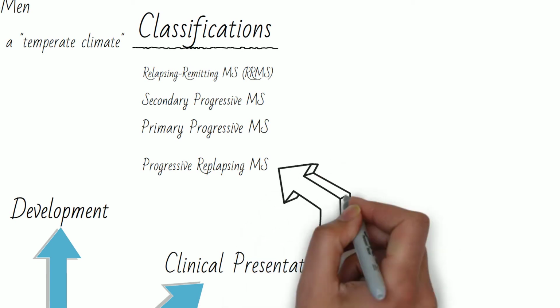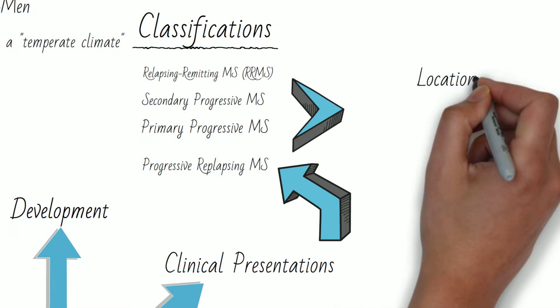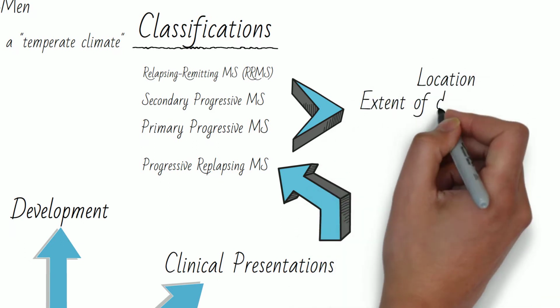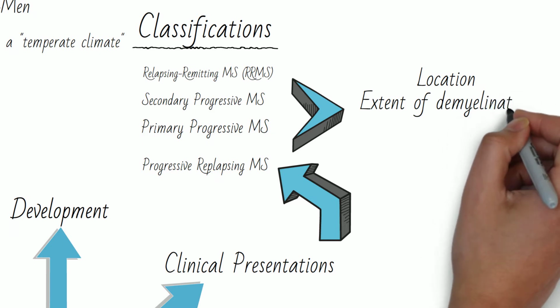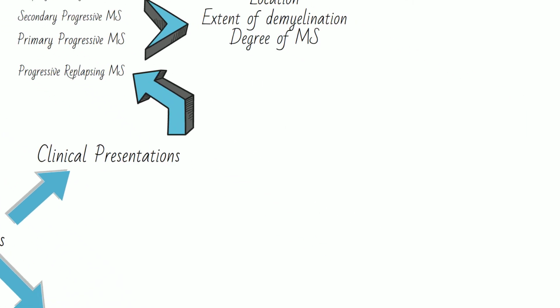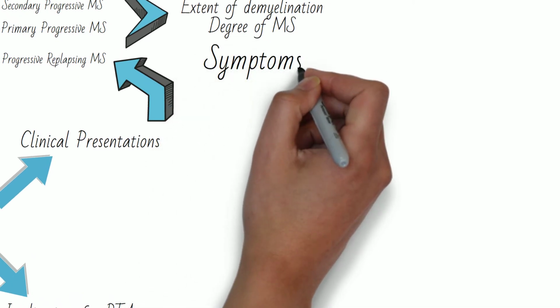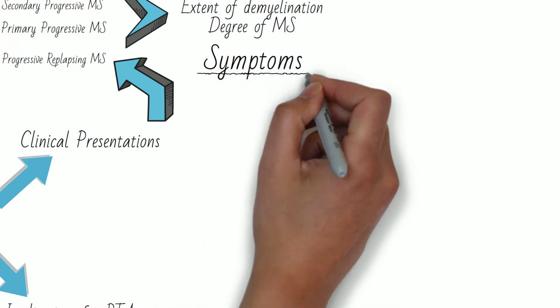Jumping on over to the clinical presentation, this all varies depending on the 4 subclasses of MS, and even then it still depends on the location, the extent of the demyelination that's occurred, and the degree of the sclerosis itself. With that being said, the symptoms and the effects that it has on the body are still very similar.